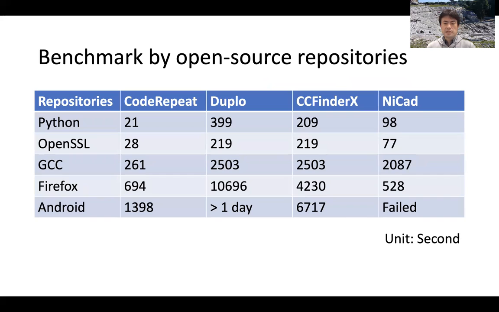So this is a benchmark using well-known open source repositories: Python, OpenSSL, TCC, Firefox, and Android. We compare the performance of CodeRepeat with Duplo, CCFinderX, and NiCad. We chose these because they are widely used and representative of line-based, token-based, and syntax tree-based methods.